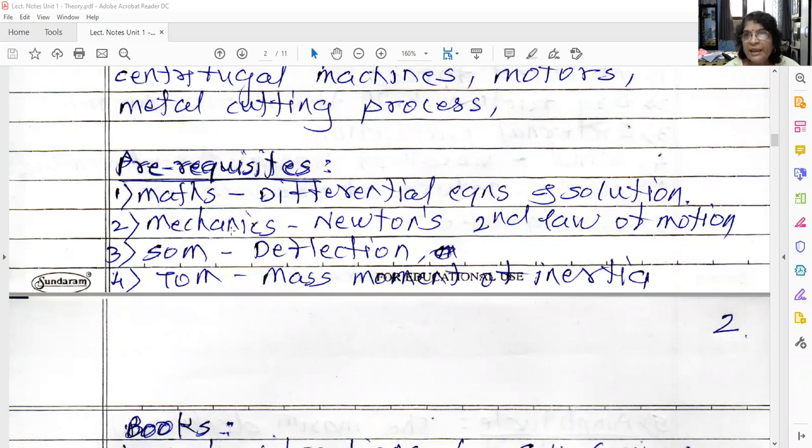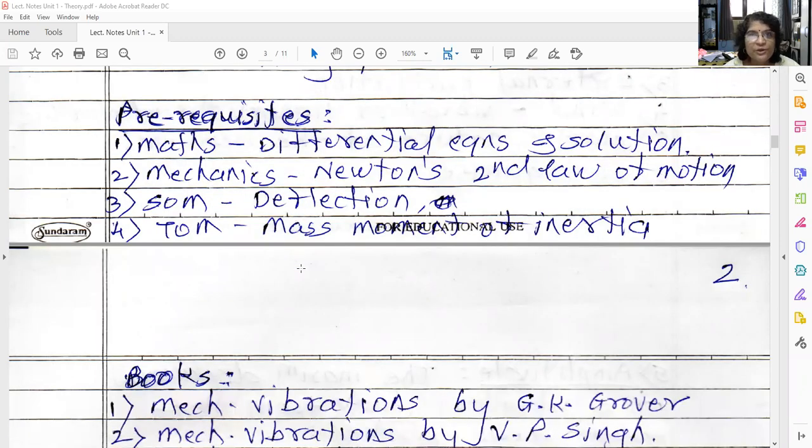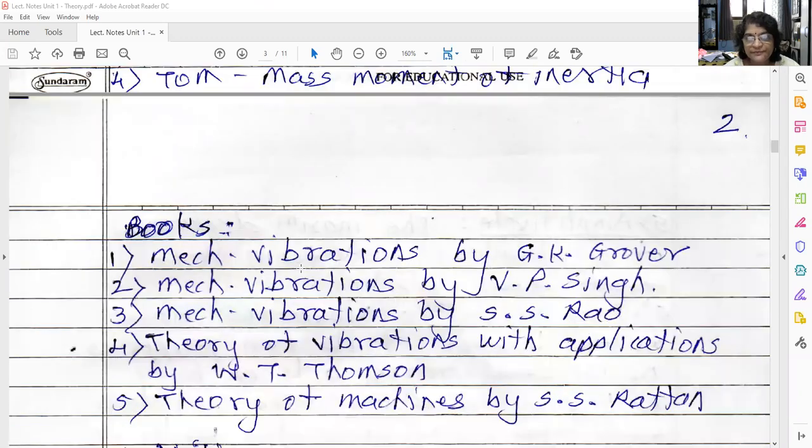Then from engineering mechanics, we require Newton's second law of motion to determine the equation of motion. From strength of materials, we require the deflection. And from theory of machines, we require mass moment of inertia. All these you have to revise before you start actually studying vibrations.